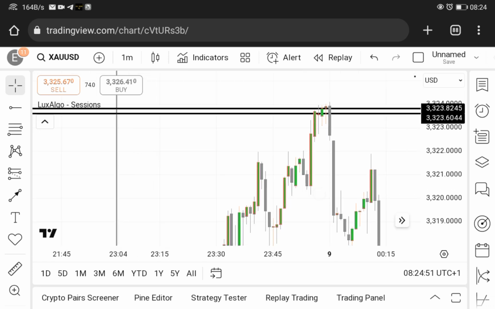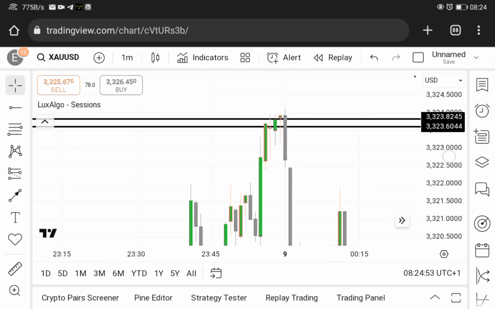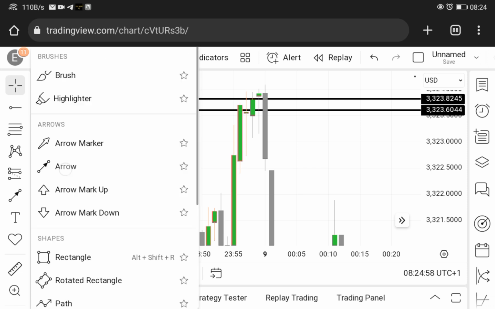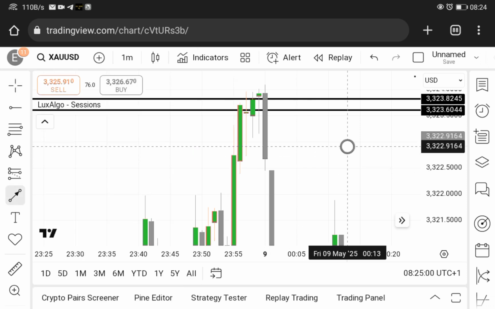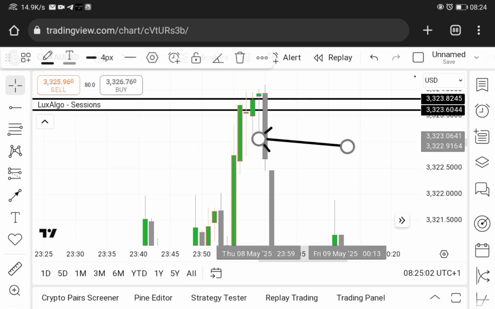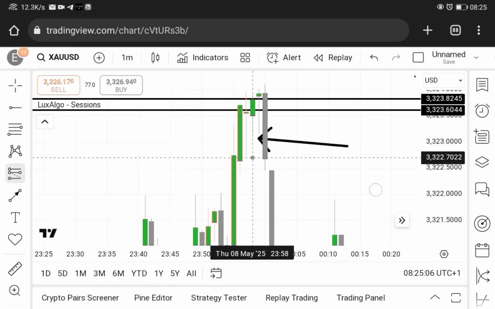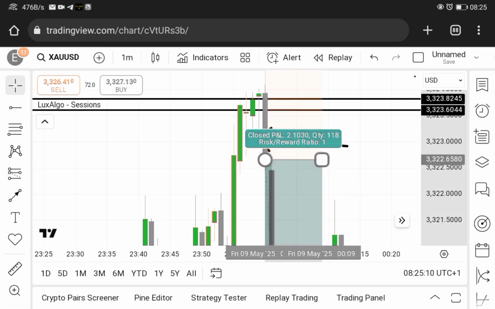On the future, the market came in. As the market came in, it gave us this bear candle. We have to take our trade to the downside. We target our 1:10 or 1:15. It depends on you.